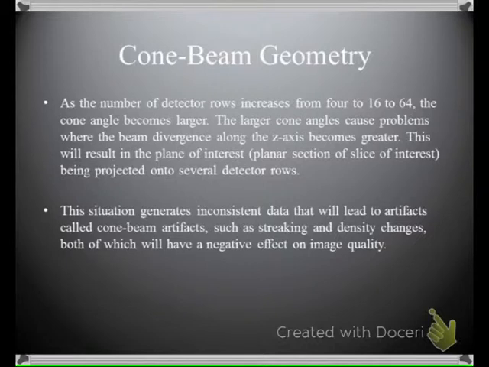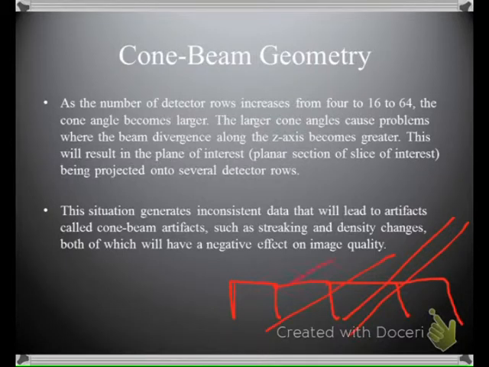So basically, if you have one row, 2 rows, 3 rows, 4 rows, and you have an angle coming in, we see that it could strike multiple detector rows, projecting some of the data for one onto another.